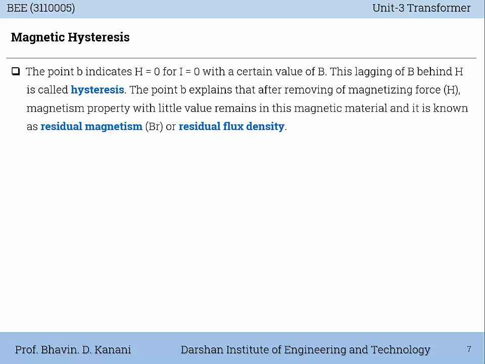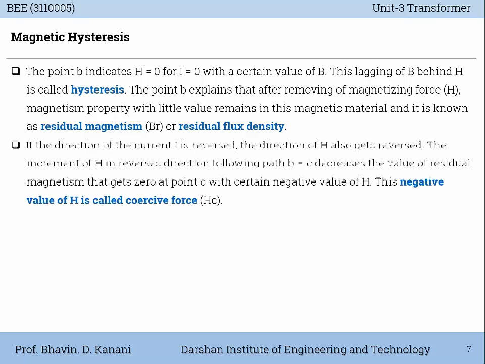The point B explains that after removing the magnetizing force H, a small amount of magnetism remains in this magnetic material, and it is known as residual magnetism or residual flux density, denoted by B suffix small r. If the direction of the current I is reversed, the direction of magnetizing force H also gets reversed.